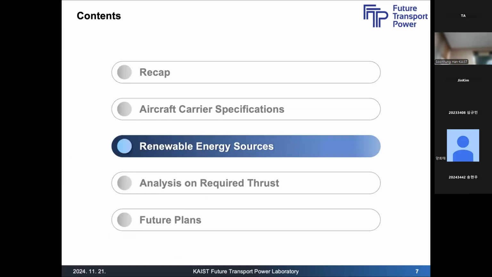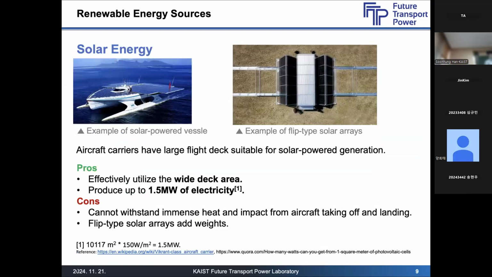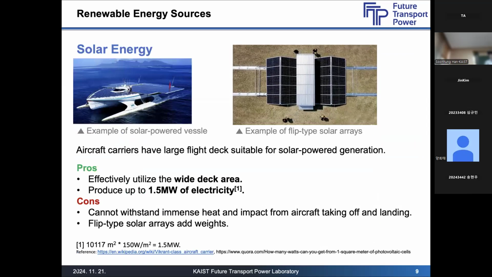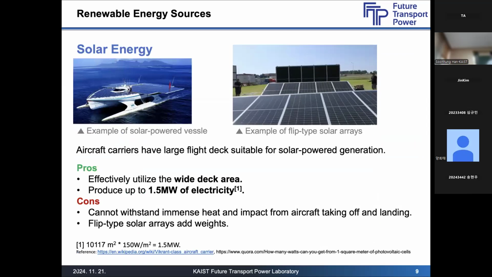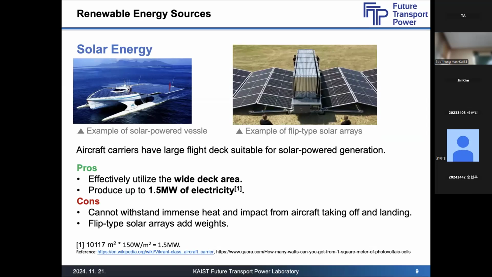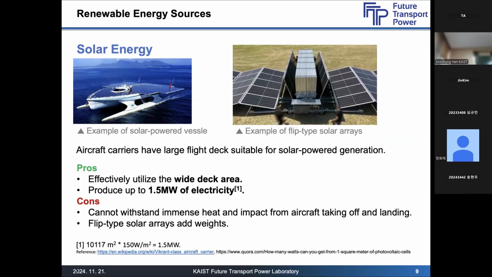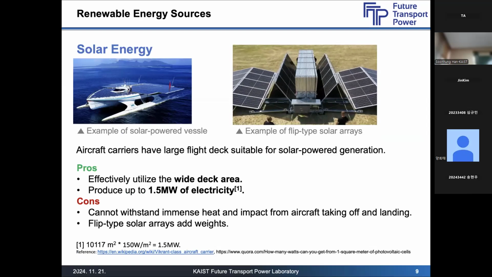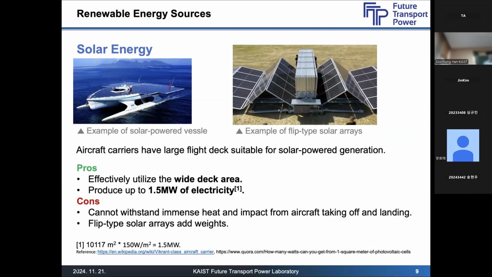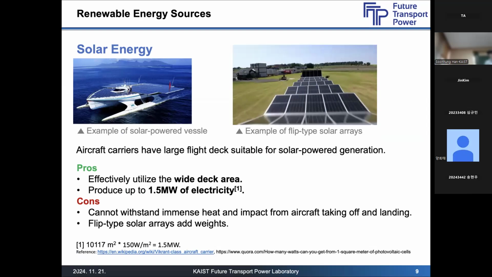Then we're going to discuss some renewable energy sources that we can use on our aircraft carrier. The first is solar energy. As you might know, aircraft carriers have a large flight deck, which is suitable for solar power generation. Some advantages of solar energy are that it can effectively utilize the wide deck area and can produce up to 1.5 megawatts of electricity.